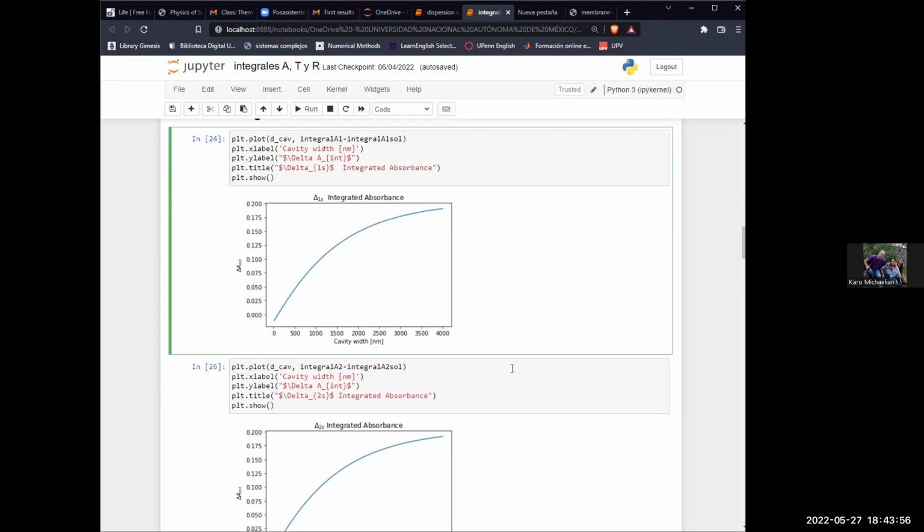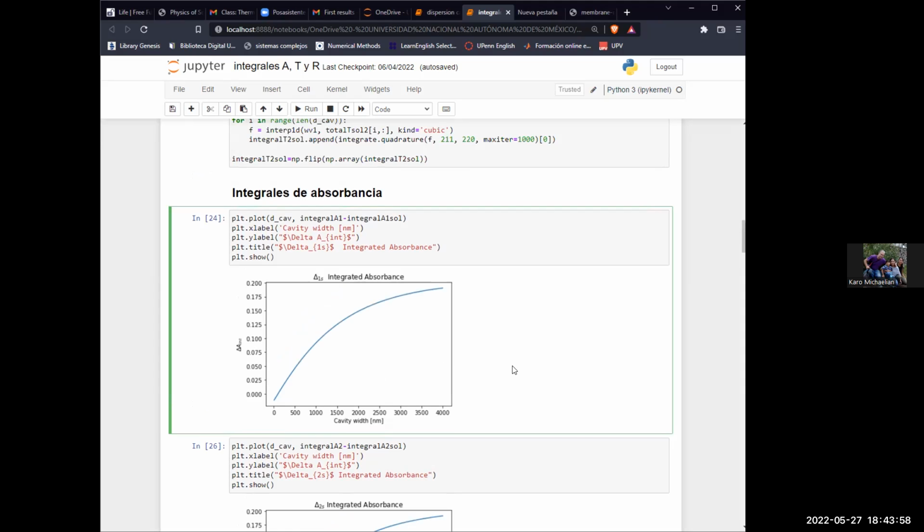Six microns. Yeah. And the interesting thing also is that at the beginning, in very small cavity widths, the difference is negative. So at about 100 nanometers, this difference becomes positive. Oh yeah, 0.1 micron.